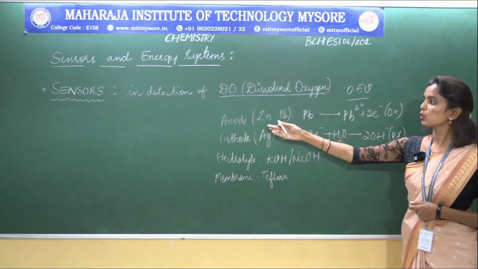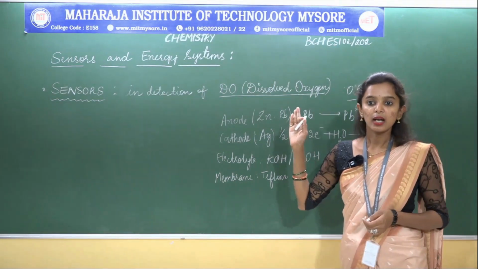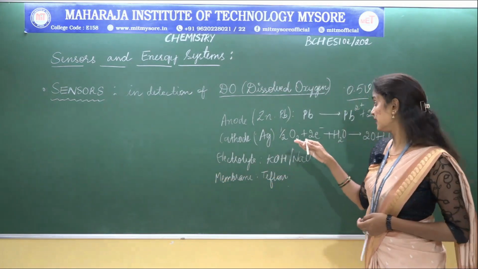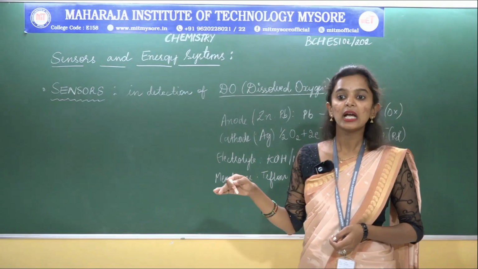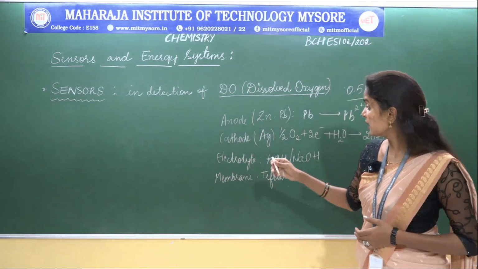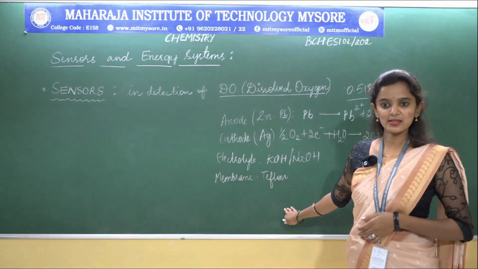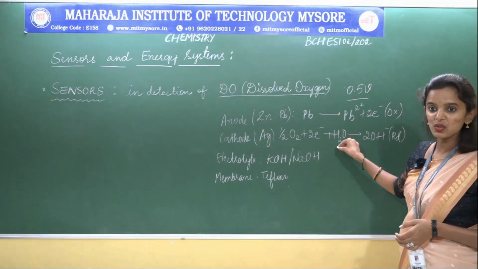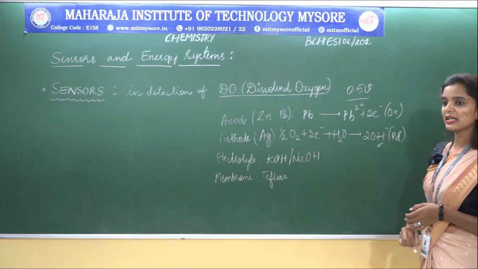So at the anode, what occurs is the liberation of electrons, that is, it undergoes oxidation, liberating electrons, and then the oxygen molecule undergoes diffusion across the oxygen permeable membrane, which is the Teflon, and finally produces OH minus at the cathode.